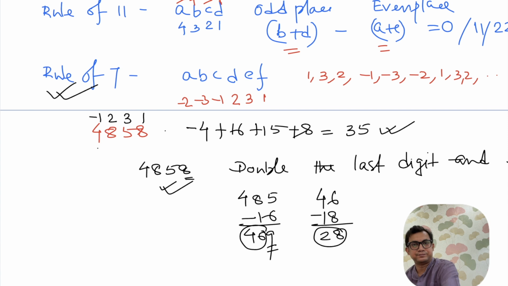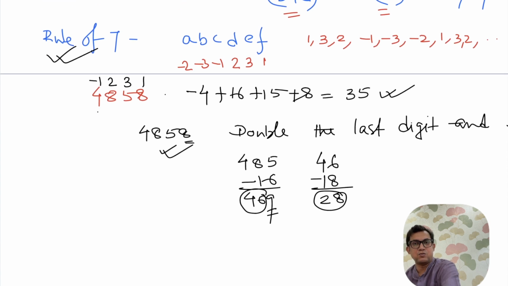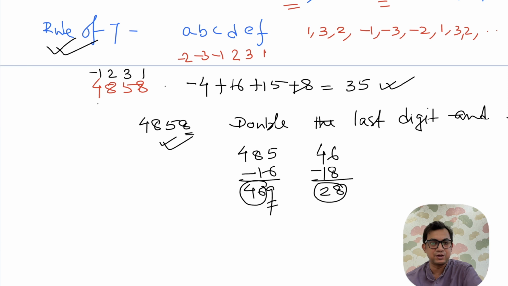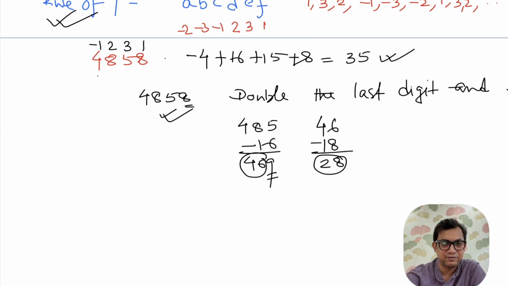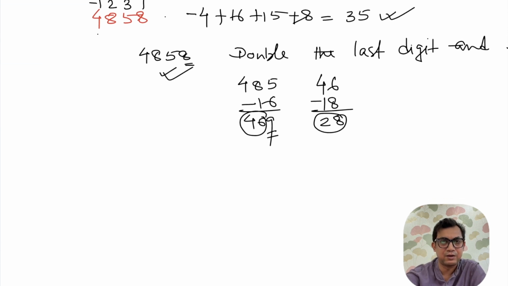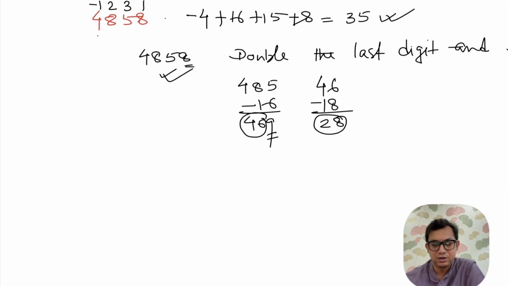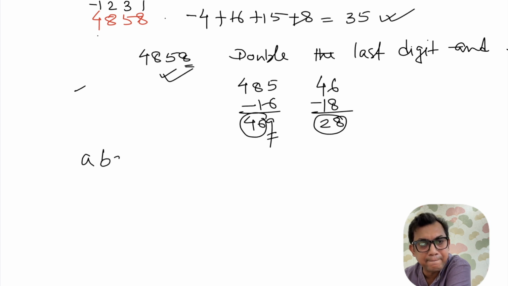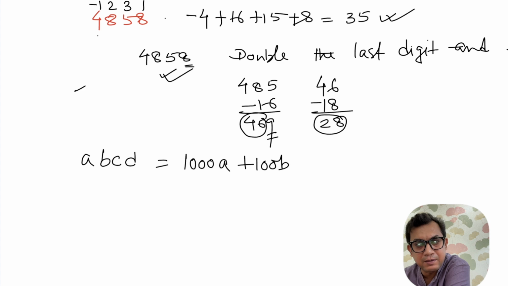Now someone may ask how we have a rule for this, 132, 132. I'll be discussing the concept of 132 over here, like why you have the rule of 7 this way. And to explain this, let me take a number A, B, C, D. I'll explain this as 1000 times A plus 100 times B plus 10 times C plus D. I expanded this.